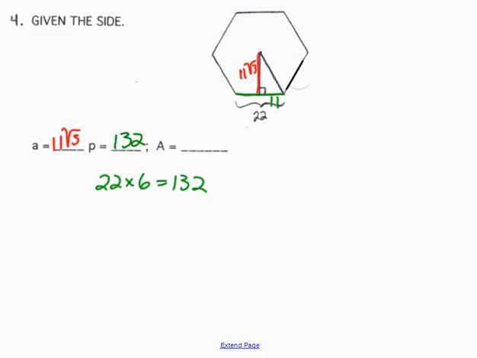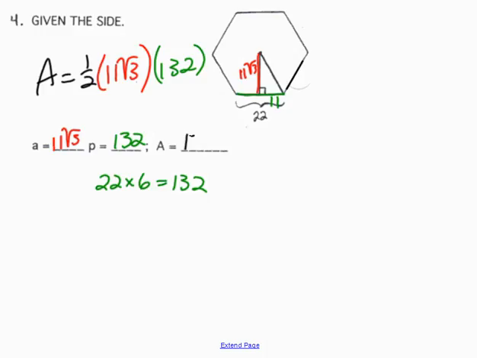And then area equals 1/2 of 11 radical 3 times 132, and our final answer is 1,257.5 units squared.